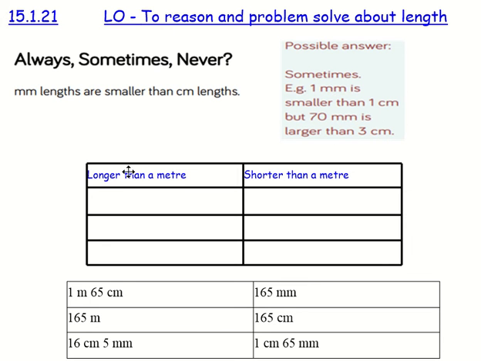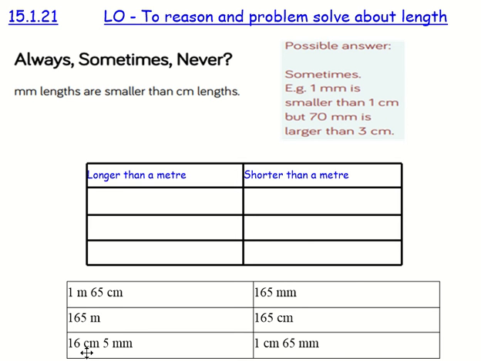Okay, so we're going to look at some of these measurements below, and we're going to say, are they longer than a metre, which is 100 centimetres, or shorter than a metre, so less than 100 centimetres. So let's have a little look. So we've got here 1 metre, 65 centimetres. We've got 165 metres.